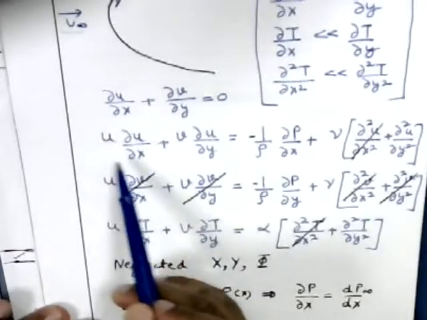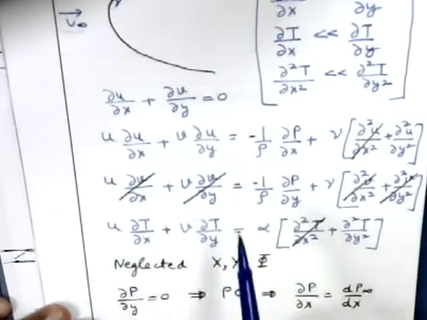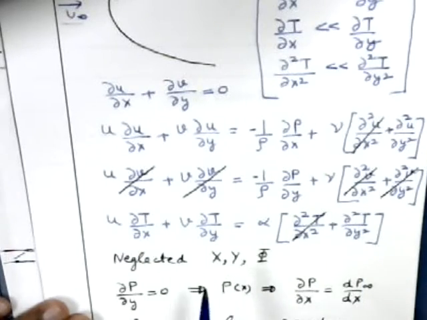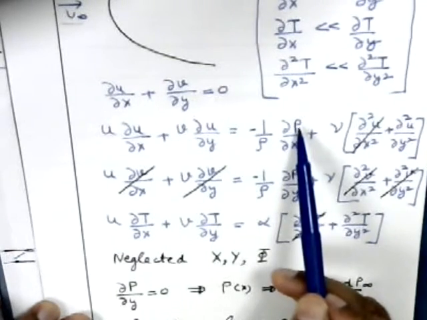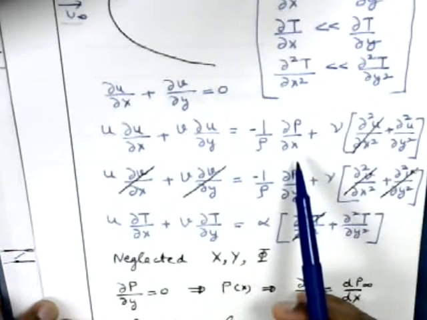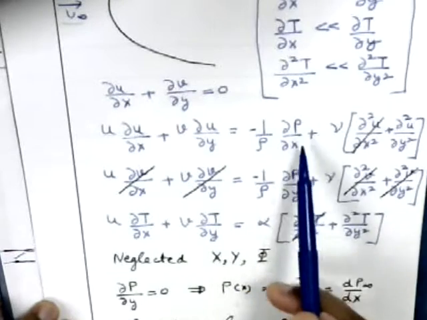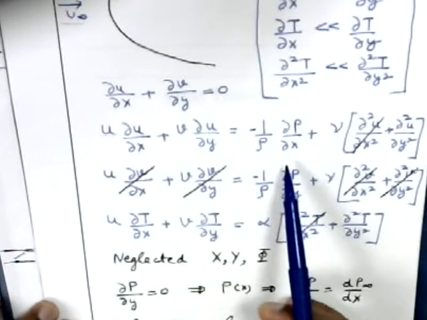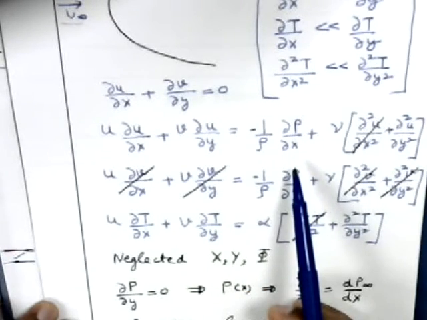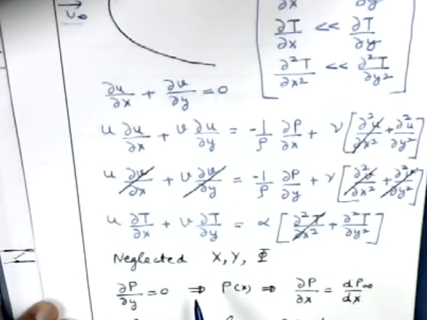Okay, so this is the equation we have to solve, the Navier-Stokes equation, and this is the energy equation. But this term here, del p del x, which is the same as dp infinity dx because of the boundary layer approximation, we have that term beforehand, based on what I explained, based on the potential function, and by using Bernoulli's equation.